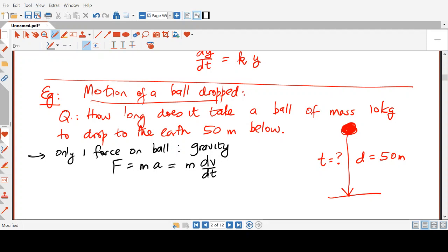Acceleration is a change in velocity. And the velocity is a change in what? Displacement, distance, you could say. So you can say it's m d²s/dt². Second derivative.